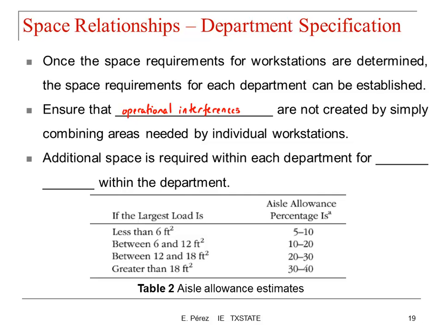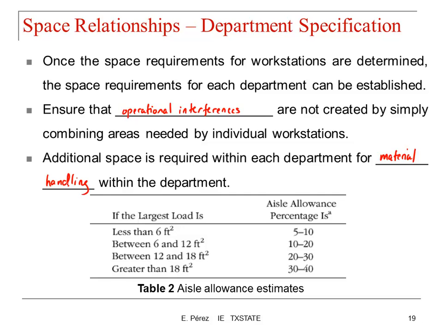Additional space is required within each department for material handling, within the department, and those are the aisles. So here I have some allowances estimated based on the type of load that you're going to be moving between your departments.